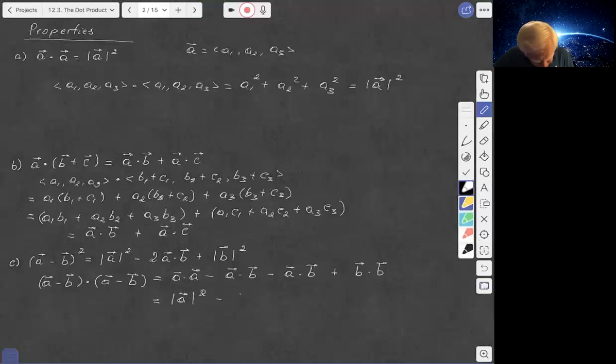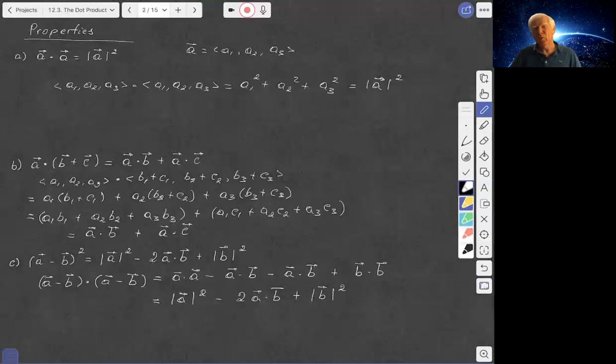Then we have 2 A dot B, and then the magnitude of B squared, again according to the first property. So this proves all three properties.